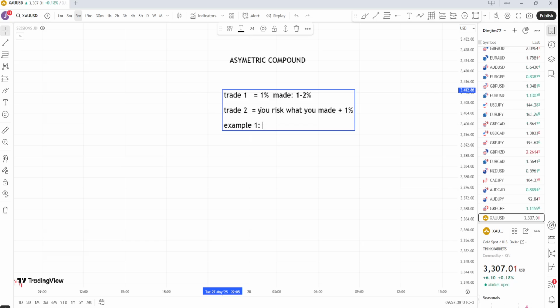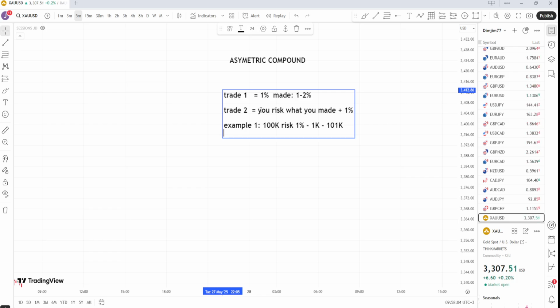So 100K, risk 1%, which is 1K, and you go to 101. It's all about math and understanding your stuff.